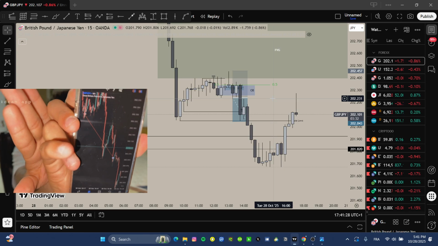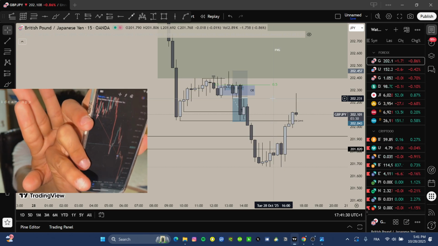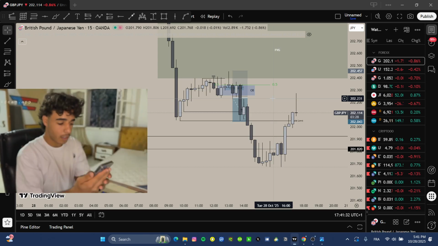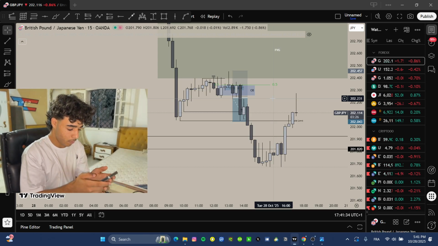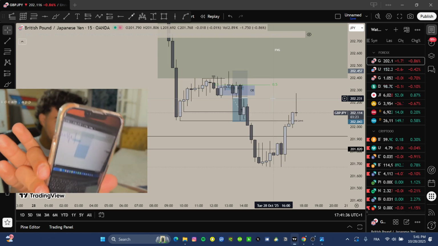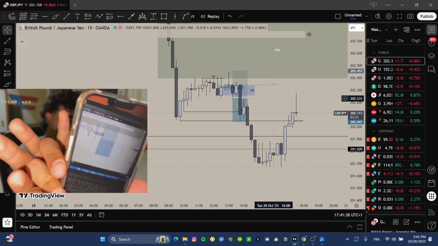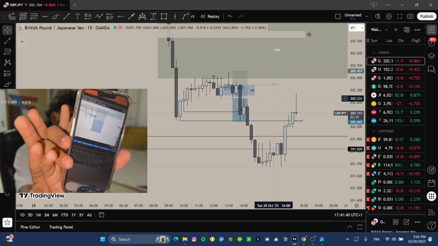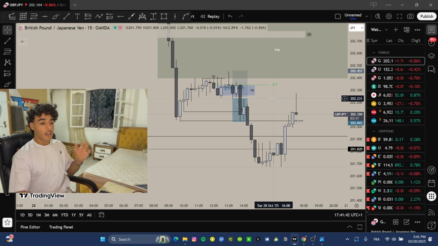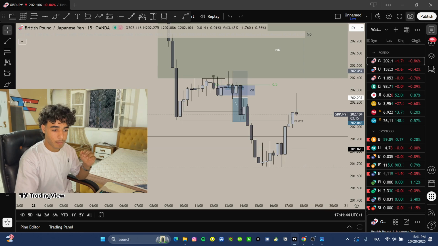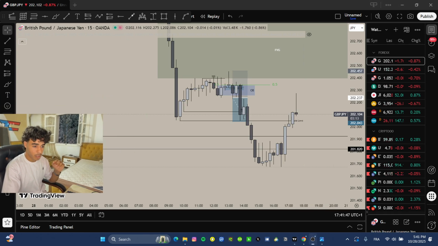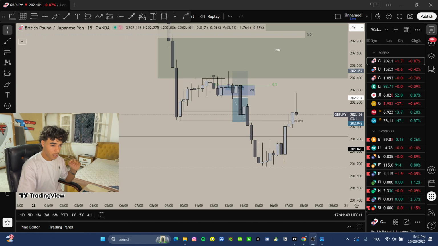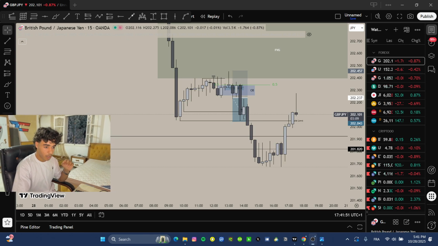Okay, I entered right above and executed right here at the low, and I also took a photo before the trade, as you can see right here. So that's it. Now we're going to cover every single thing, so let me do a little setup. Okay, I think we are good now.